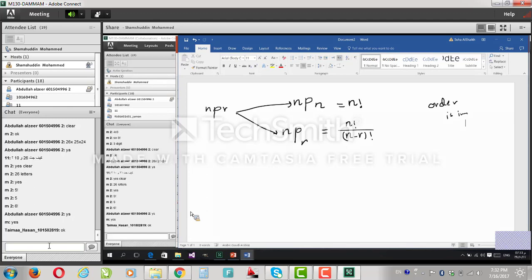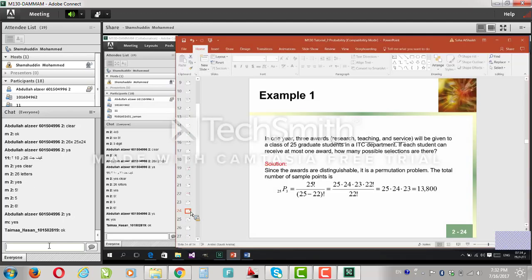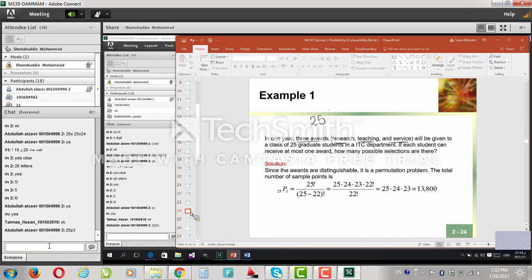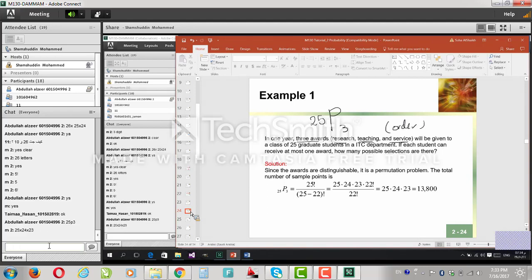In the example here, the awards for research, teaching, and service will be given to a class of 25 graduate students. So how many awards do I have? 3 of them. Is the order important now? Yes, the order is important. The first prize will go to research, the second to teaching, the third to service. So I have 25 students and I'm choosing among them to give the 3 prizes, and the order is important here, so it is 25 permutation 3.